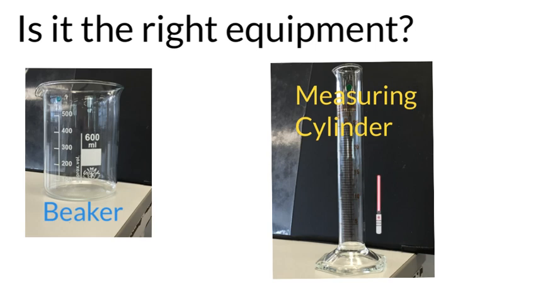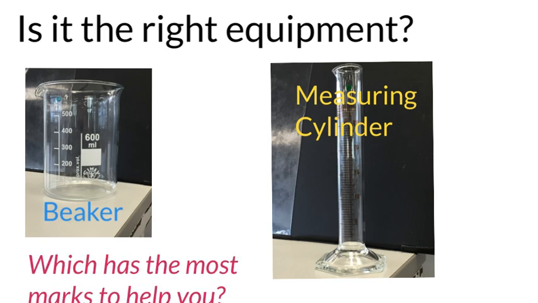So that means each mark corresponds to half a cm cubed, or half an ml of liquid. Much more accurate, and we can use this to actually create some precise data. So always try to use something that is going to be the best for our measurement.